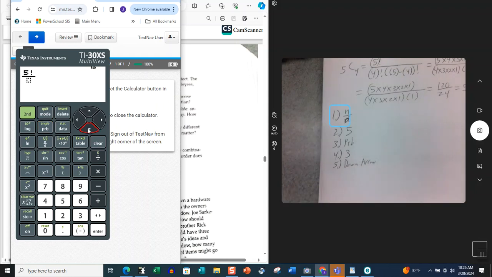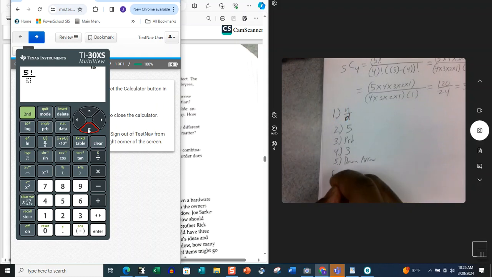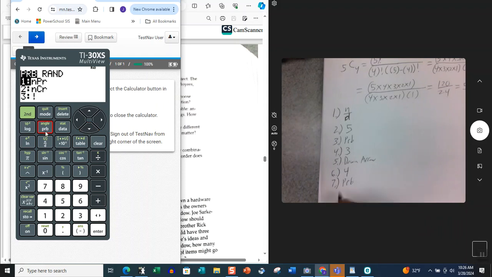So this is the down arrow. Step 6, you would type in 4. Step 7, you will press PRB. Step 8, you will press 3.